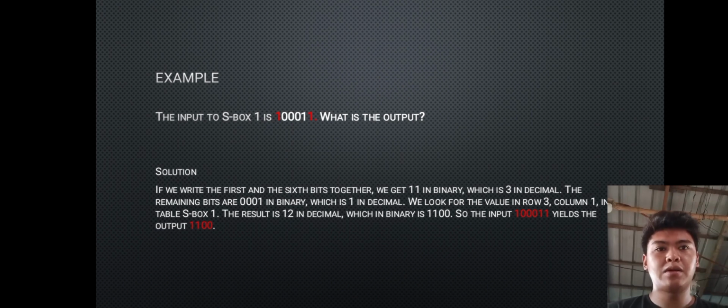We look for the value in row 3, column 1 in the S-box 1 table. The result is 12 in decimal, which is 1100 in binary. So the input 100011 yields the output 1100.